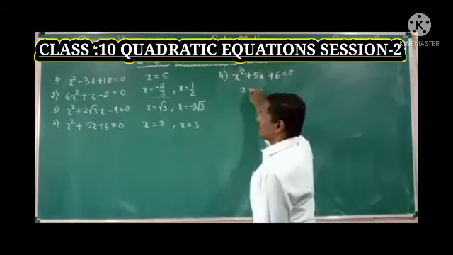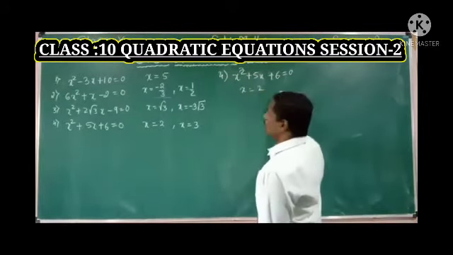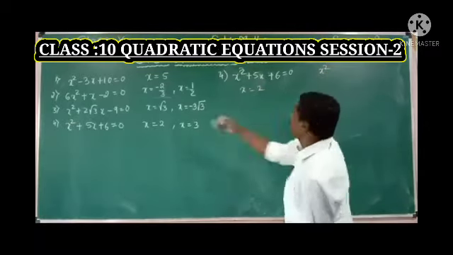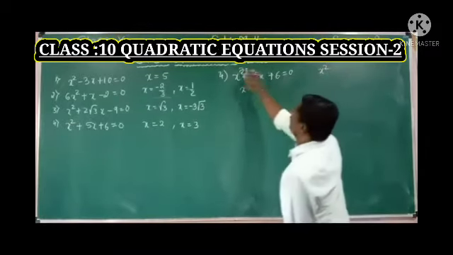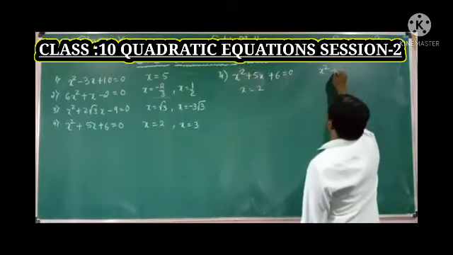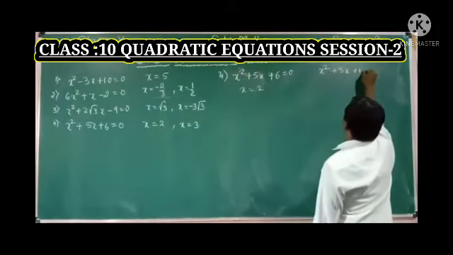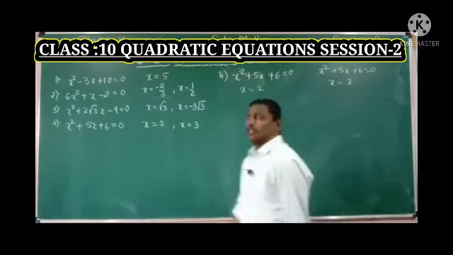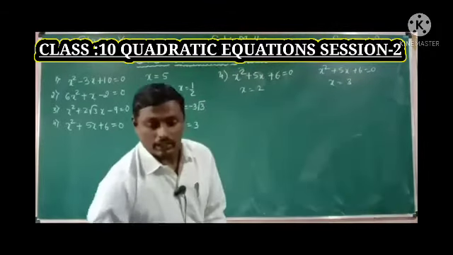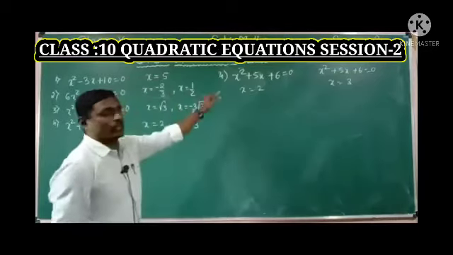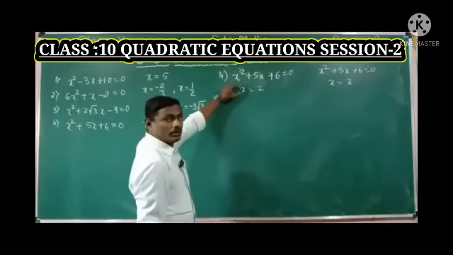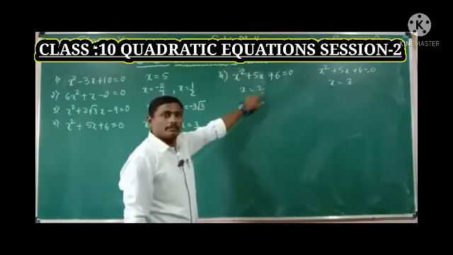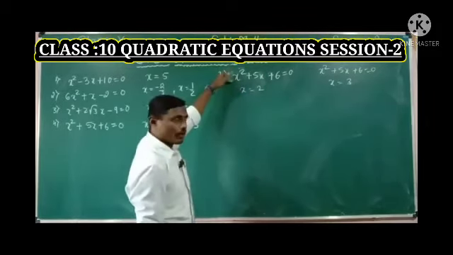Here the x value is 2, and for the same quadratic equation one more root is already given, x is equal to 3. Now check whether the given roots are satisfying the quadratic equation or not. Directly substitute the x value in the given quadratic equation.